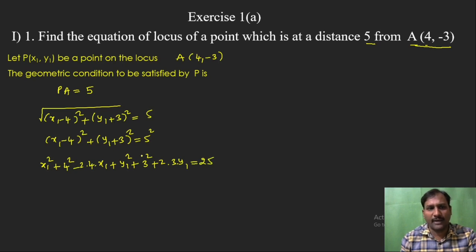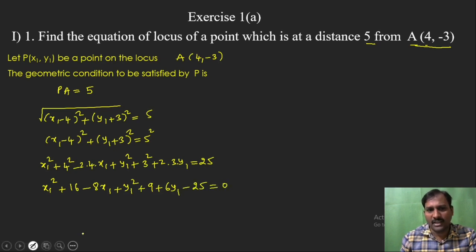is 25. Now simplify this: x1 square plus 16 minus 8x1 plus y1 square plus 9 plus 6y1, and send 25 to the left side, that is minus 25 equal to 0. Write all like terms together, that is x1 square plus y1 square.